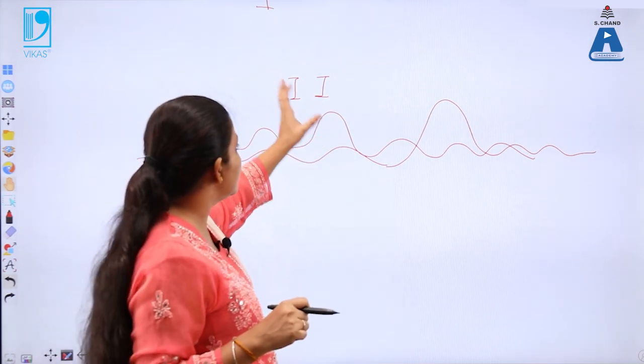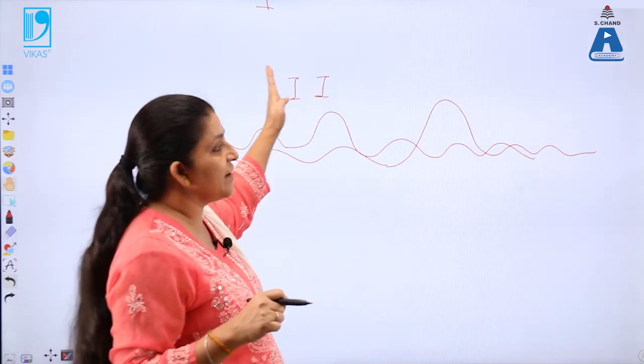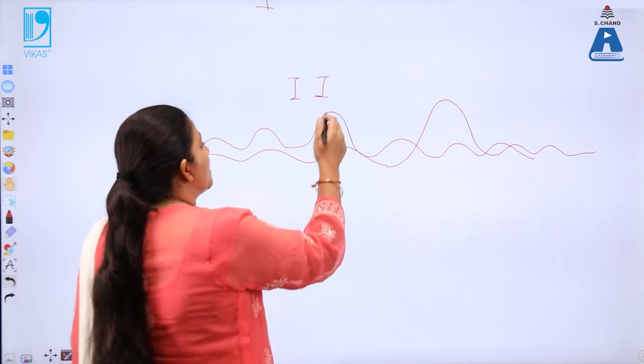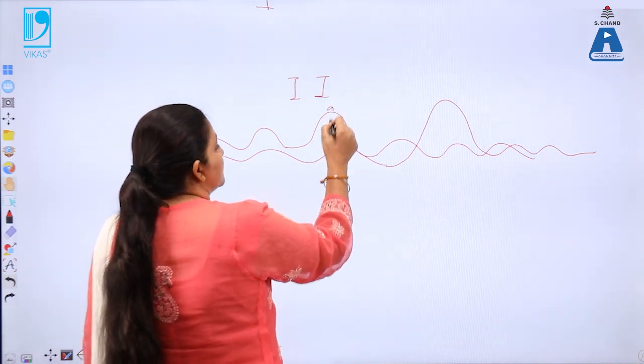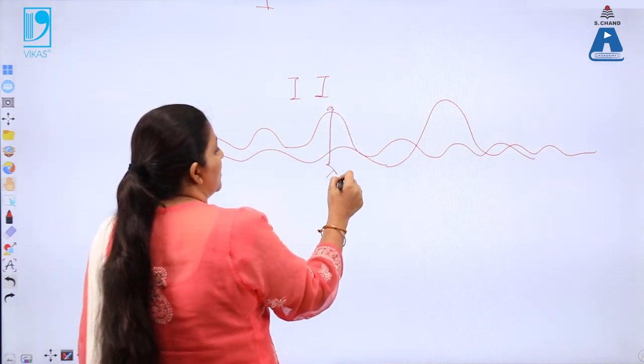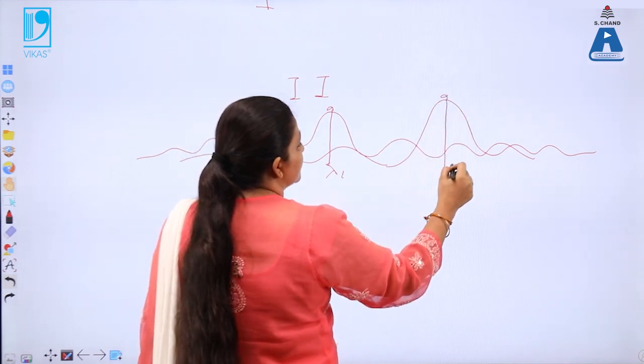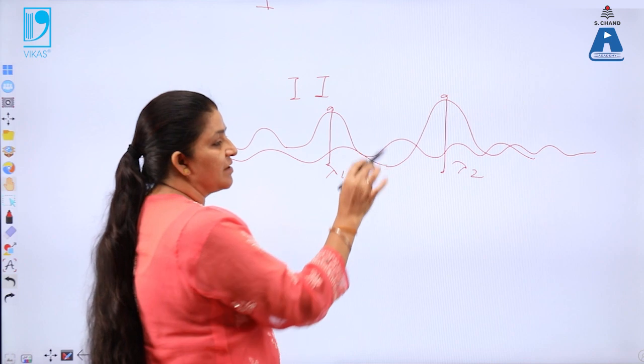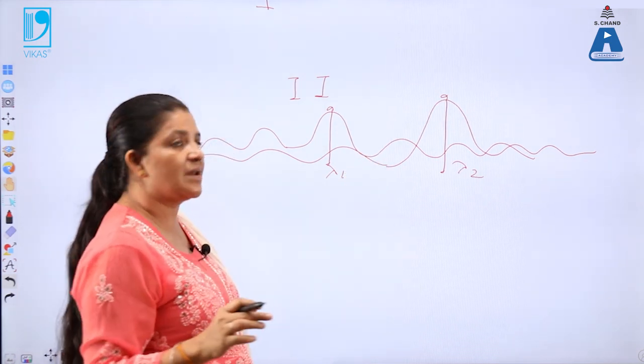Now when these two objects are placed quite far away from each other, one is with the wavelength lambda 1 and the second one is with the wavelength lambda 2.